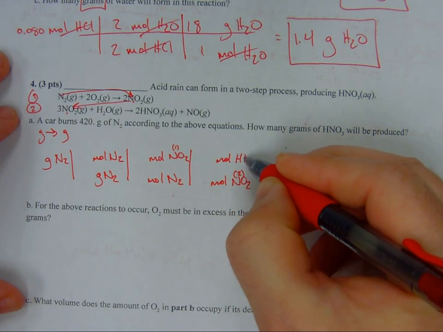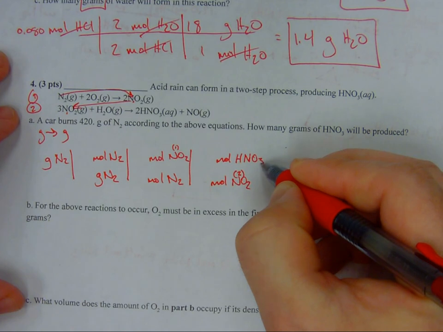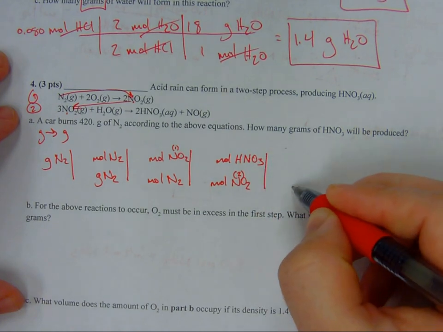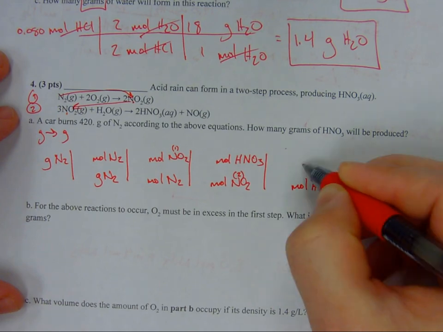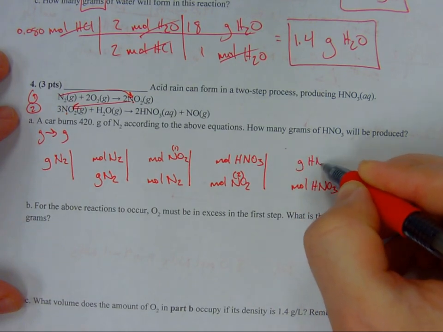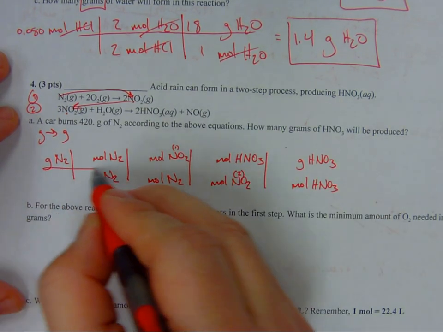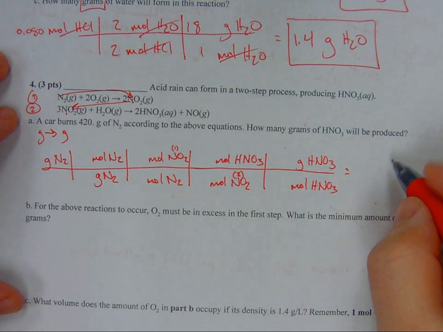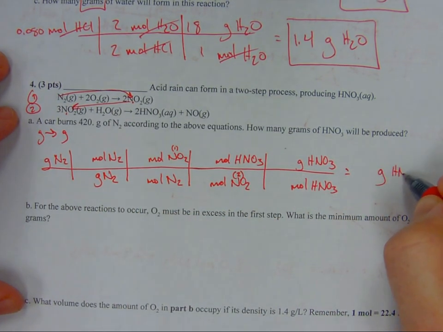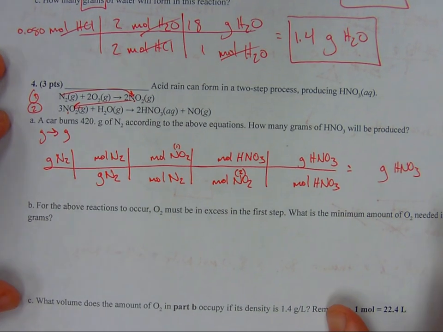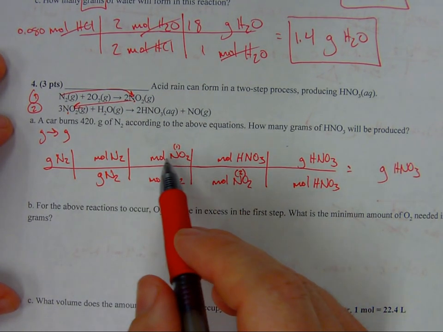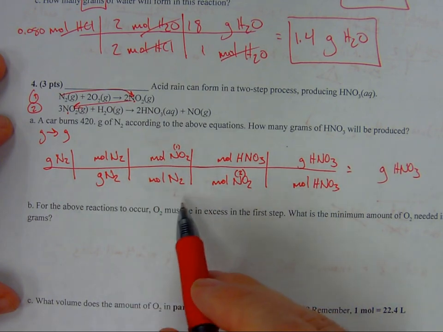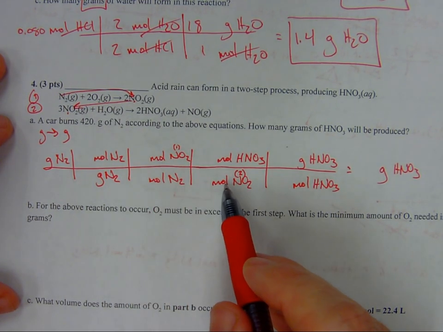Now I can go into moles of HNO3, convert out of moles of HNO3 into grams of HNO3. And I'll be in grams of HNO3. Okay, so we have one extra step. It's this weird thing right here that is going to be a bit different here.